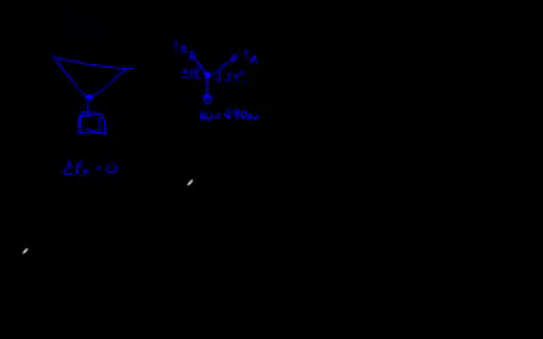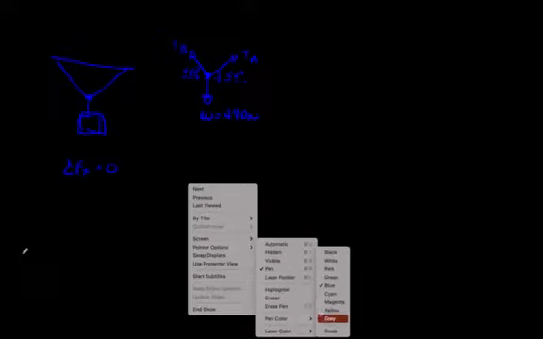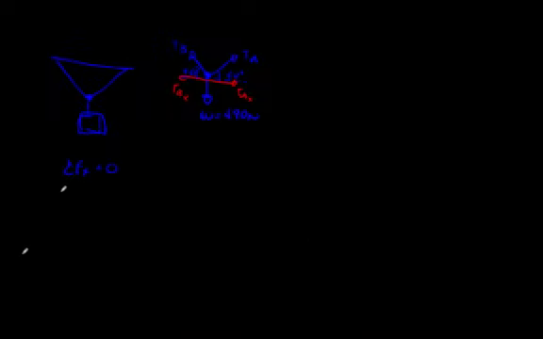We have two horizontal forces: the horizontal component of tension A, and the horizontal component of tension B. So tension AX minus tension BX is equal to 0, so tension AX is equal to tension BX.